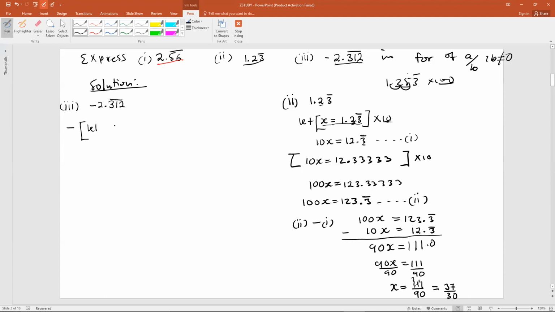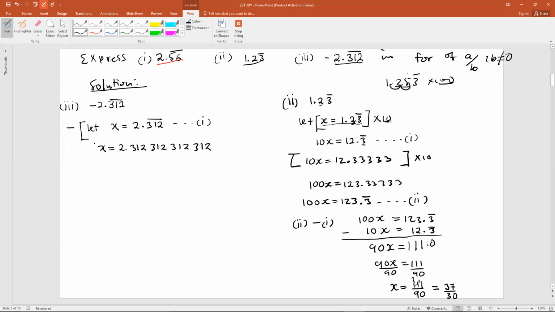So I say let x be equal to negative 2.312 with a bar on top. Call that equation 1. Don't forget the negative. Then how many numbers are repeating? There are 3: 2.312312312.